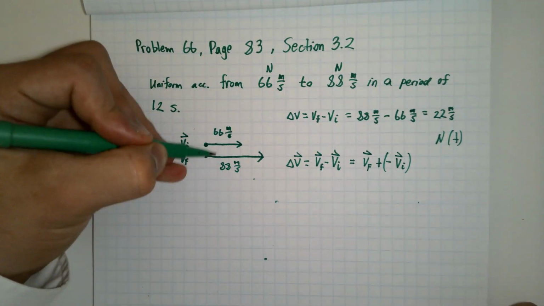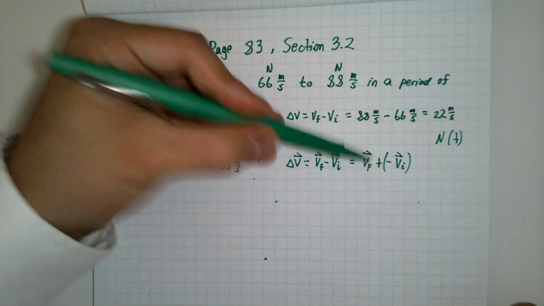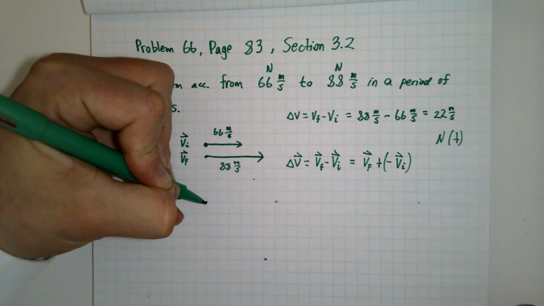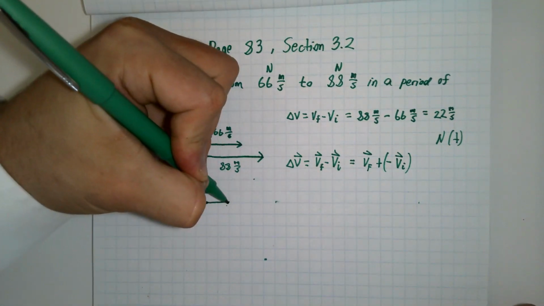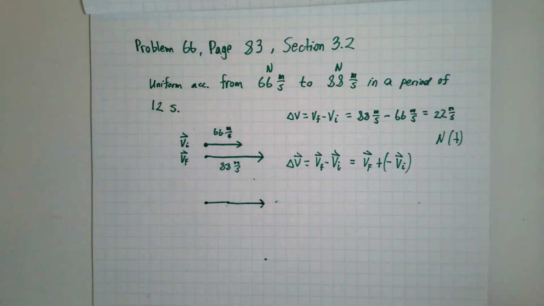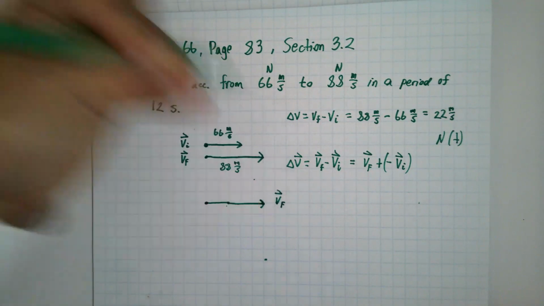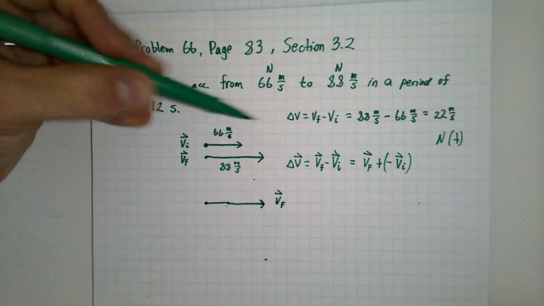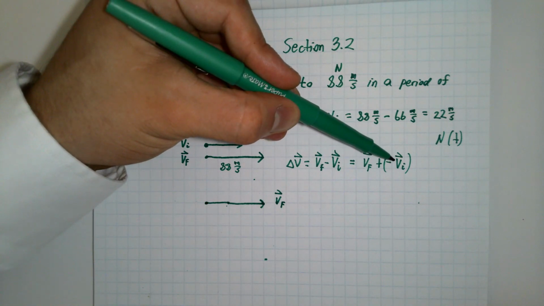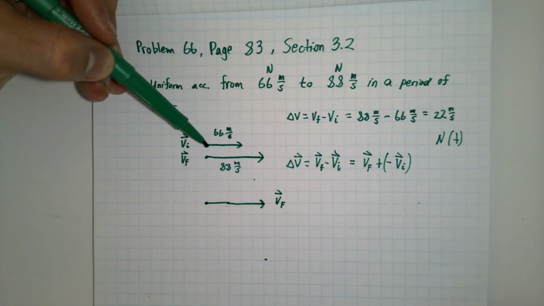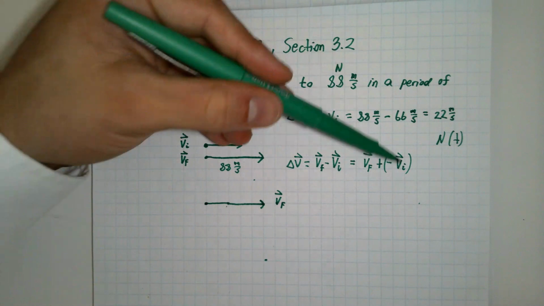So now I'm going to move these two and start by taking the final velocity vector. I'll represent that here again with my velocity vector pointing towards the north. That's my final velocity vector. In order to add the negative of the initial velocity vector, by the negative I mean I change the direction.